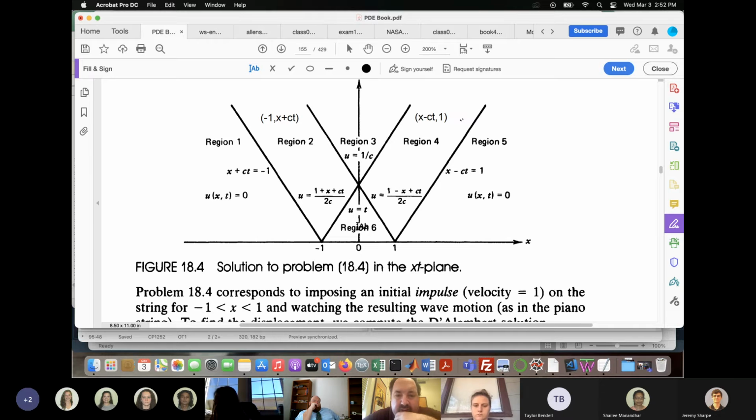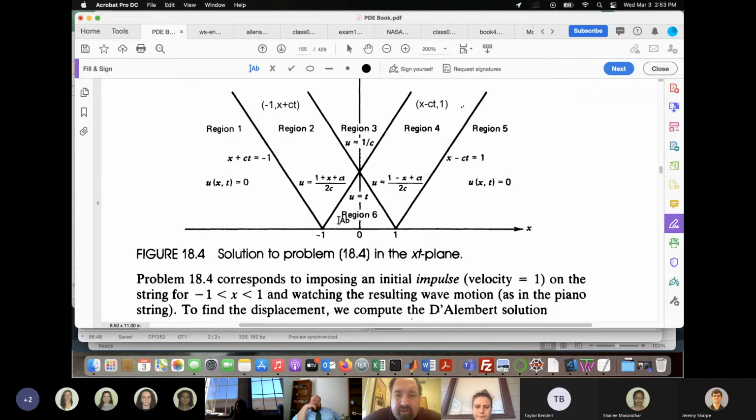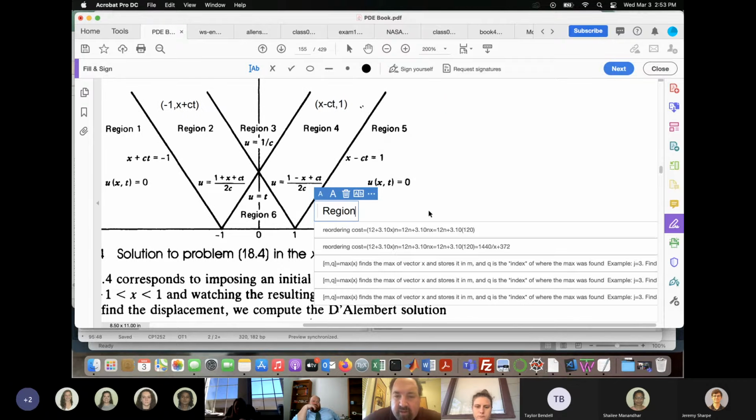Now, what about here where they overlap? In this case, x minus ct is between -1 and 1, and x plus ct is also between -1 and 1. They haven't given me enough room here, so I'll just put it over here.